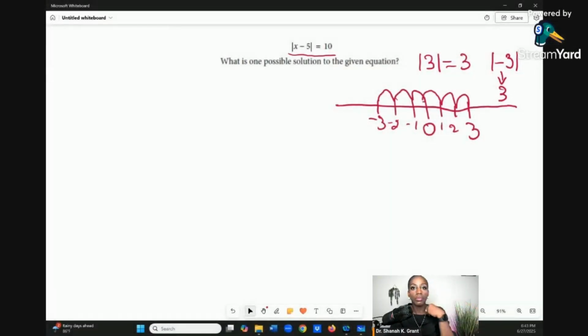So let's dive in and see what this means. If we want to solve this absolute value equation, we should think, okay, there are 2 possible solutions to this equation. We're saying that whatever is in here has a distance of 10 from 0, so let's see what that means.